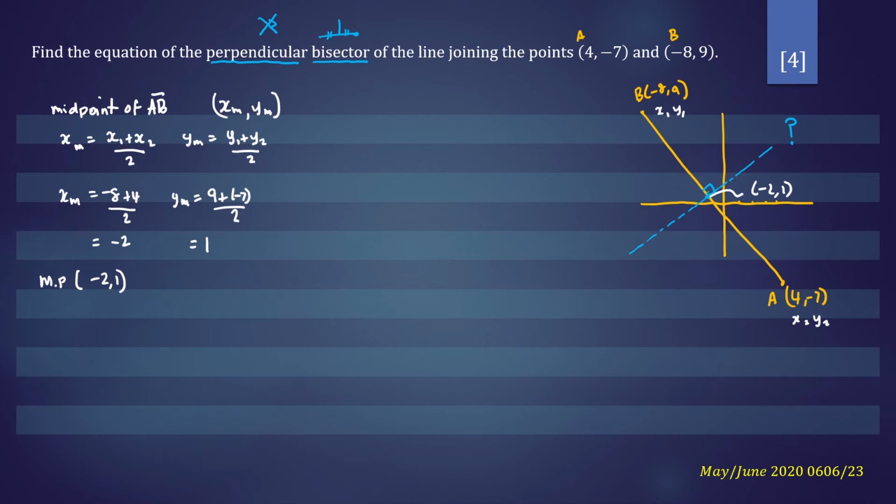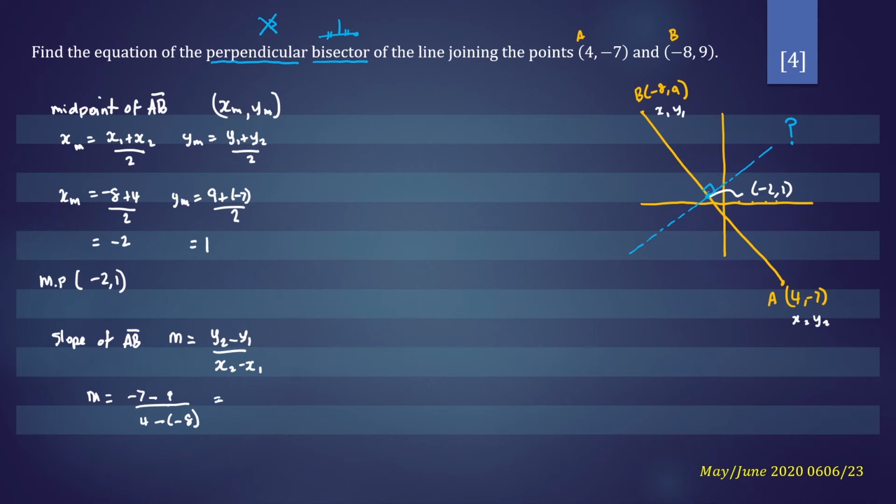The next step is to find the slope of AB. Let's find the slope of the line segment AB. The formula is m equals (y2 minus y1) on (x2 minus x1). So the slope will be y2, which is -7, minus y1, which is 9, divided by x2, which is 4, minus -8, which is x1.